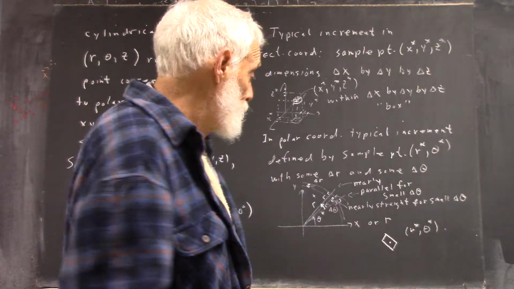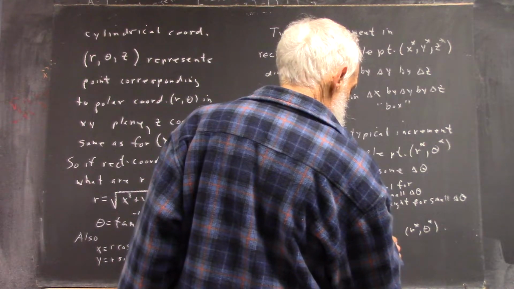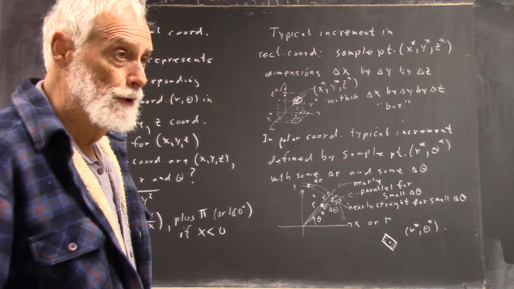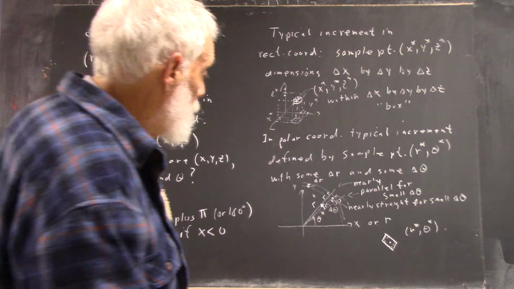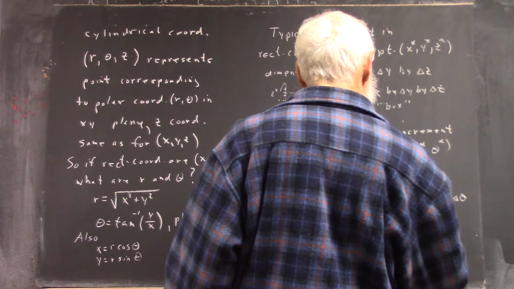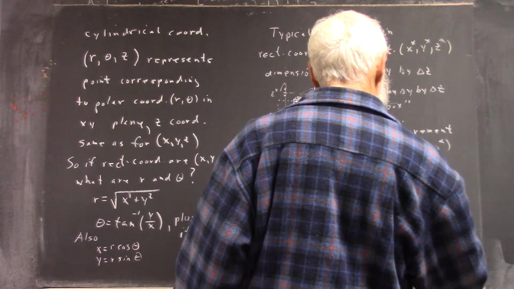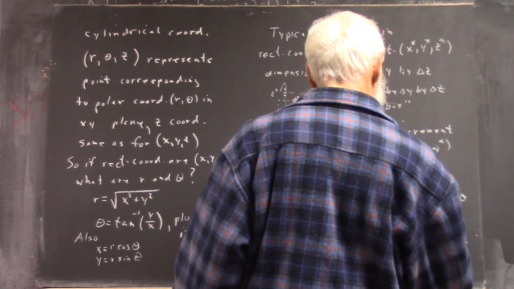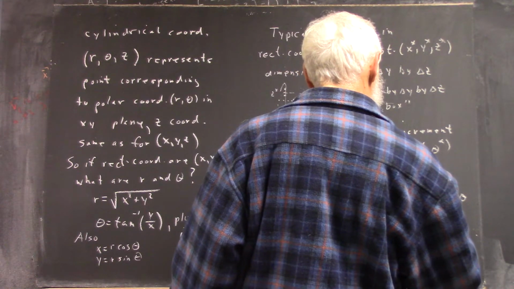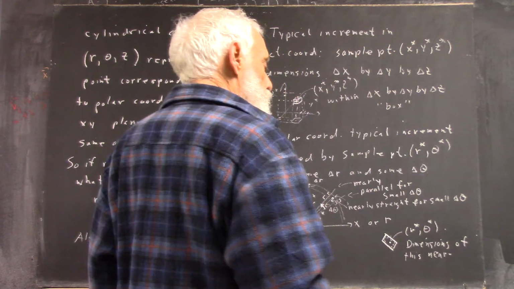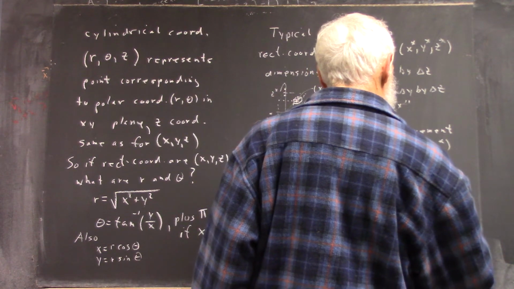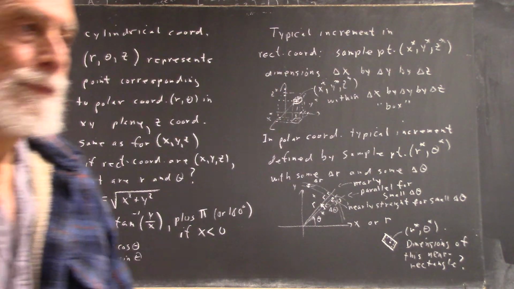Okay? And all these angles are right angles, so I'll just lightly draw a right angle symbol in there just to be complete, right? So my question is, what are the dimensions of this near rectangle? Okay, so figure that out.